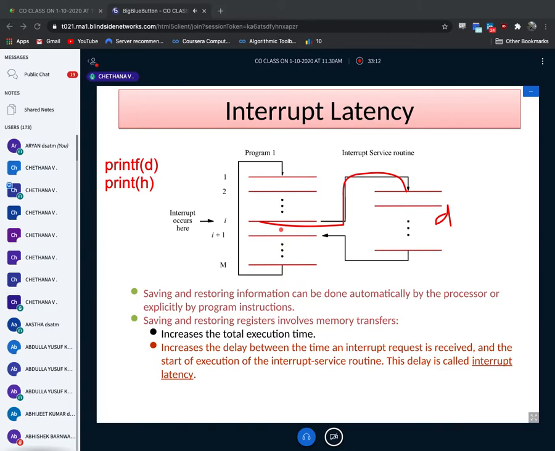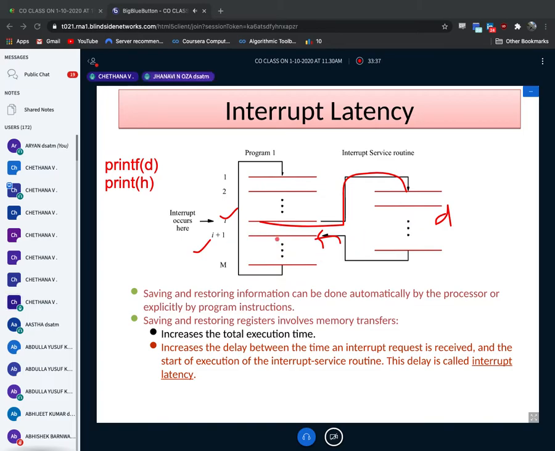The return address. After the subroutine is completely executed, it should come back to the next instruction, that is the I+1 instruction. If I is the present instruction, I+1 is the next instruction. So I require the return address, and I require some time delay. Delay will be there to store all the information required after subroutine execution.